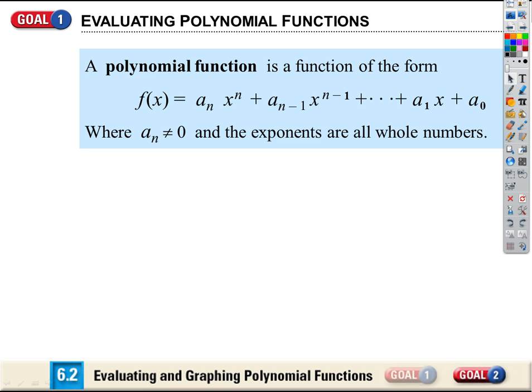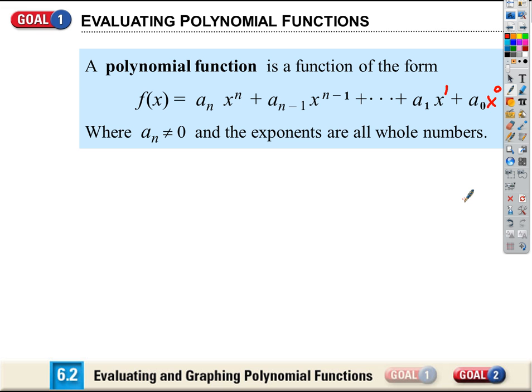Now, the powers of x, though, the exponents have to be integers and 0, so I guess whole numbers, right? Because really what this is here is x to the 1, and then there's an invisible x to the 0 there that we just don't write, because x to the 0 is equal to 1. Remember, anything to the 0 power is 1. Okay? So all of the exponents up here, even including this last term, they have to be either 0 or positive integers, so whole numbers.